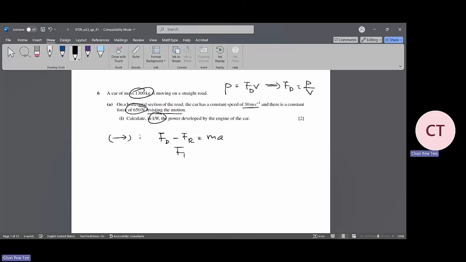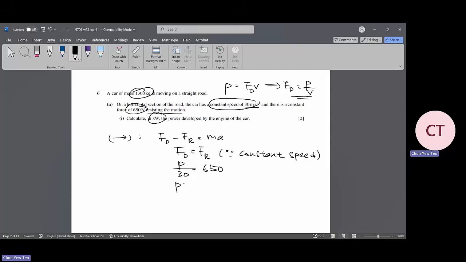But you get the FD equal to the FR. Why? Because you have a constant speed. When you're having constant speed, your acceleration will be 0. So your FR resistance force is 650 Newton, and this is the power divided by the V. Okay, because of this reason.